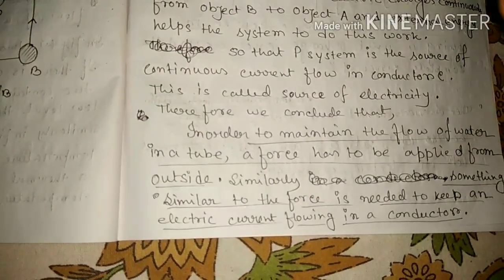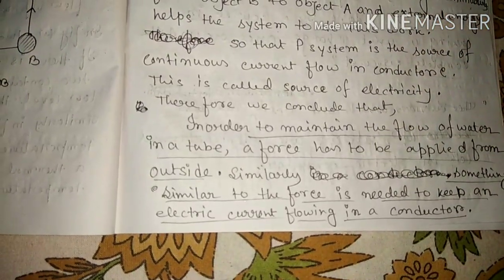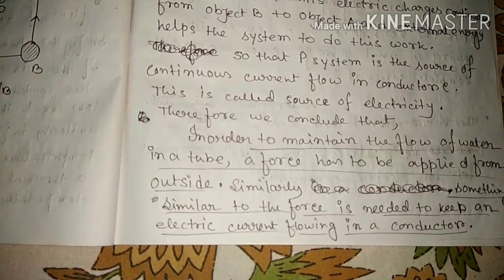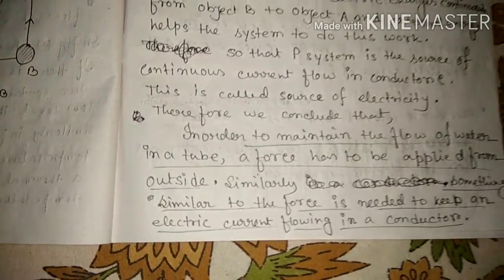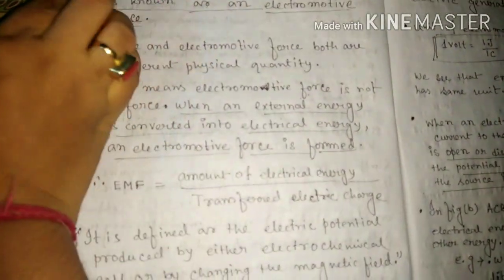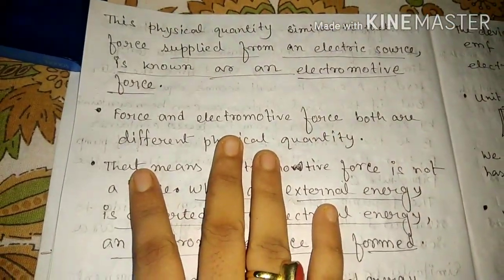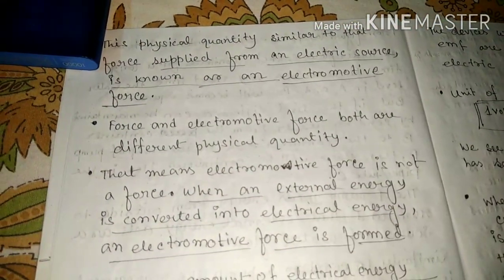Similarly, something similar to that force is needed to keep an electric current flowing in a conductor. We cannot say a pump, but something similar to that force is needed to keep the electric current flowing in a conductor. That physical quantity, which is similar to the force supplied from an electric source, is known as electromotive force.